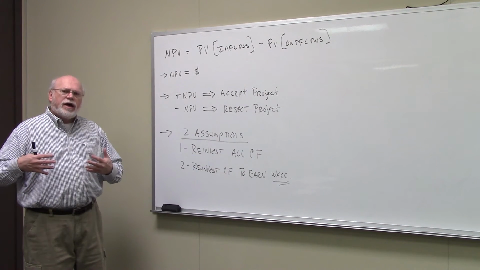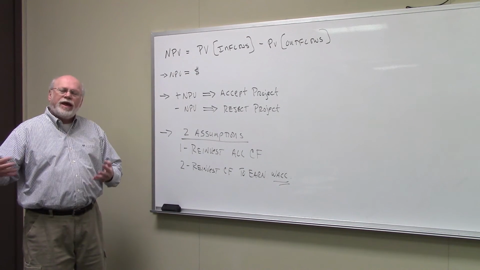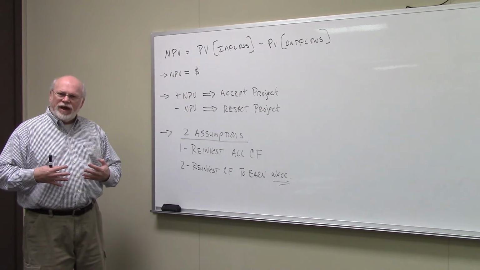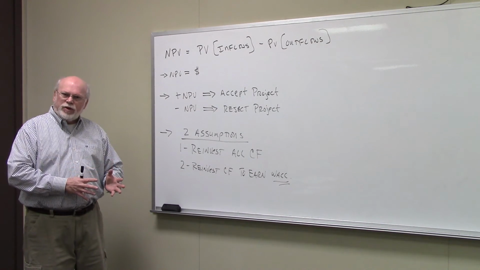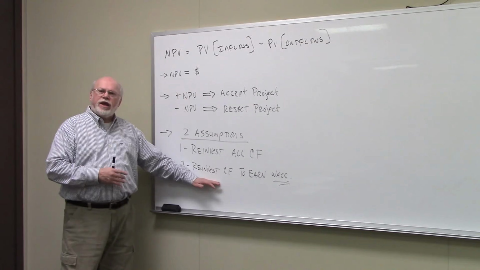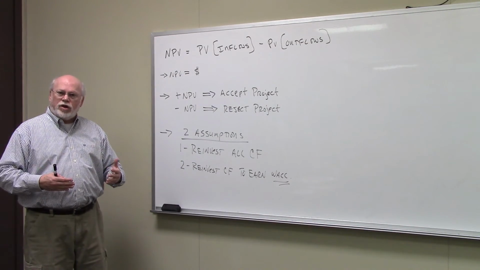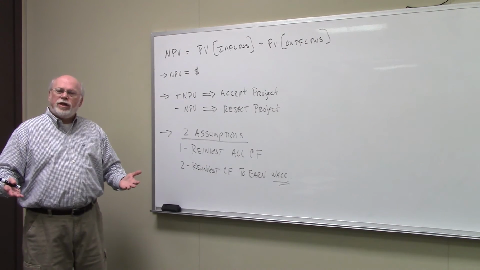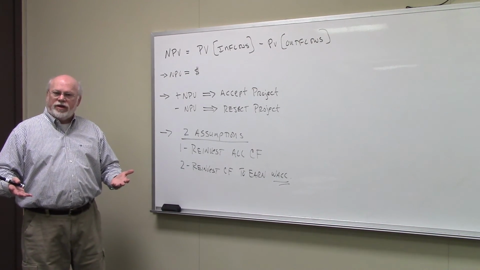Again, if you don't earn the cost of capital on all the reinvested money, yes, you'll get a net present value, and it may be positive, but it's going to be a reduced net present value. On the other hand, if you could reinvest all the cash flows and earn a return greater than the cost of capital, then you would end up realizing a net present value that is greater than you originally calculated.